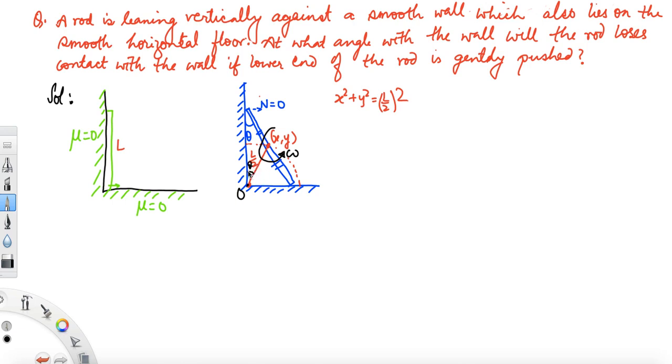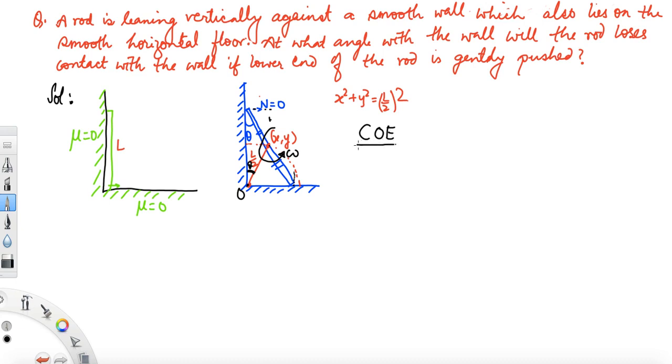So d theta over dt will be the same about any one, right? So omega about the center of mass and omega about this O will be the same. Fine. So here what I'm going to do is apply conservation of energy. This is our one equation, conservation of energy.